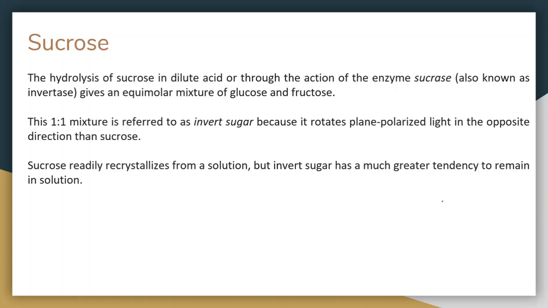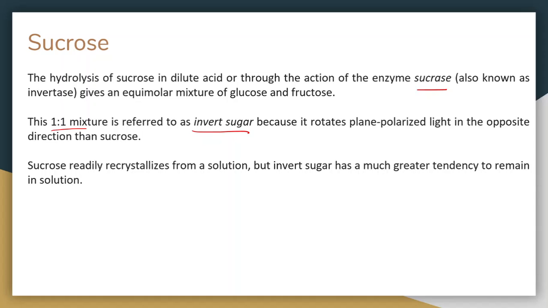Which enzyme is required for the hydrolysis? Sucrase enzyme. It is also called invertase enzyme. This invertase enzyme hydrolyzes this sugar into glucose and fructose. This 1:1 mixture is referred to as invert sugar because it rotates the plane polarized light in the opposite direction to that of sucrose.